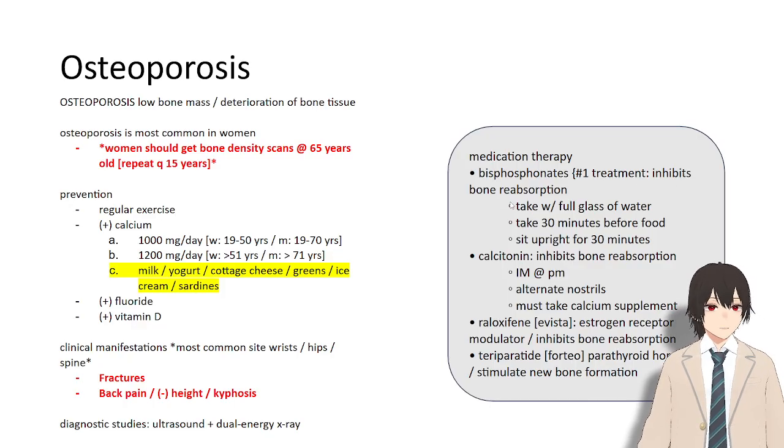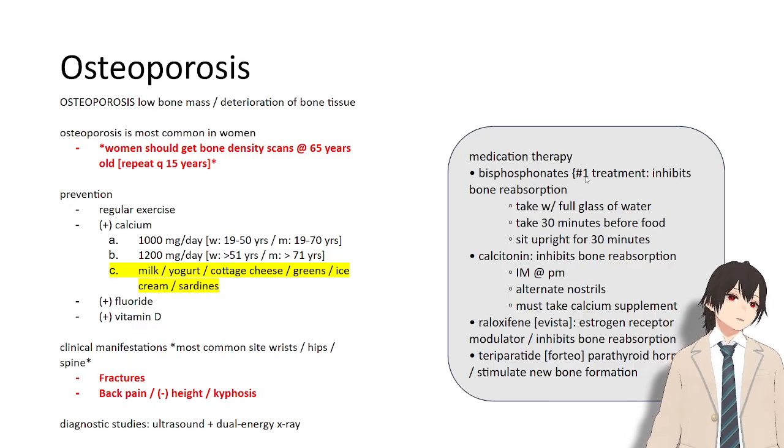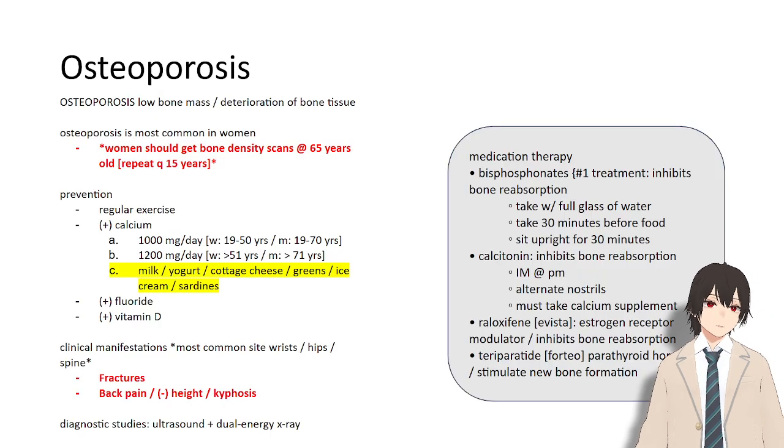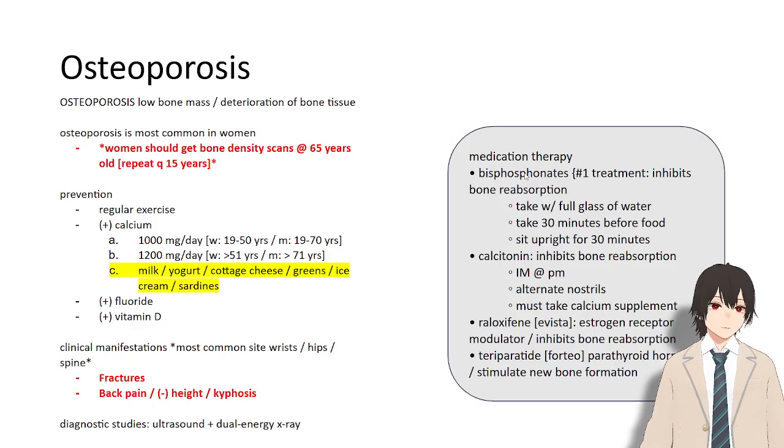Some things you need to remember about bisphosphonates: take with a full glass of water, take 30 minutes before food, and sit upright, okay? And also, what is not mentioned on the slide is that bisphosphonates can cause osteonecrosis of the jaw. So it can cause jaw problems, and that's something you need to think about when you are giving a patient bisphosphonates. If they are reporting any pain in the jaw, make sure you let the doctor know.